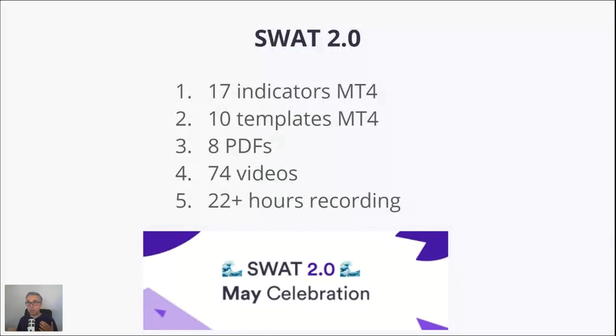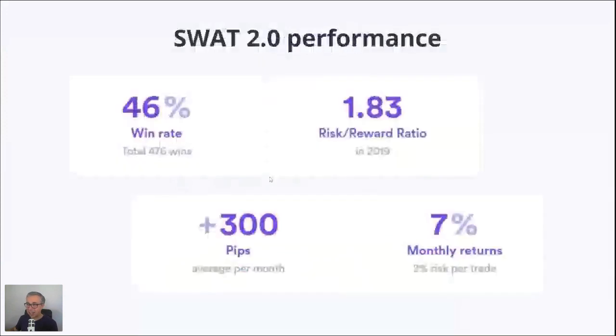In fact, as was mentioned at the very beginning here in the chat, you get the SWAT guide or ebook as well, which is about 600 pages explaining everything in text format as well. 74 videos and 22 plus hours of recordings. So everything in 10 to 30-minute videos. My goal was to make them shorter, but well, that's the length that it turned out to be.